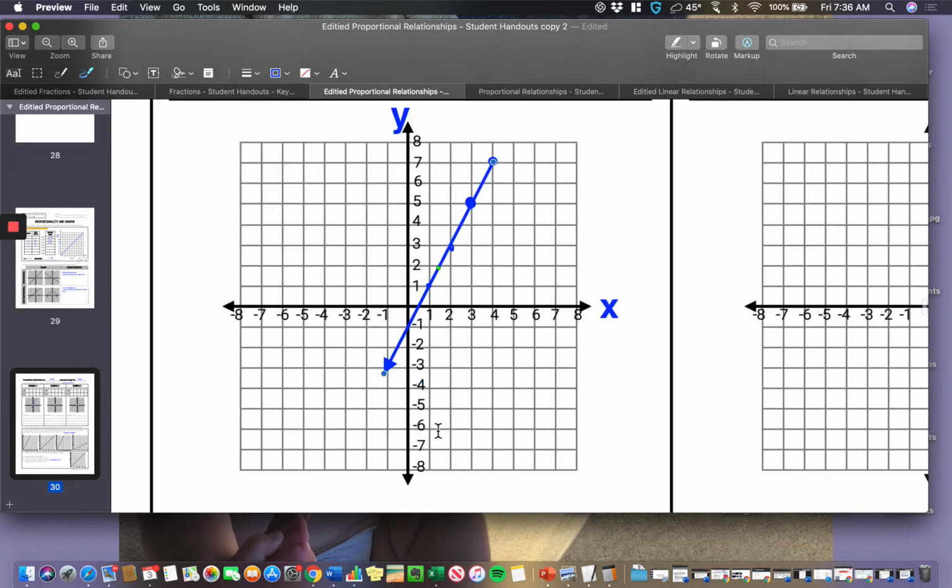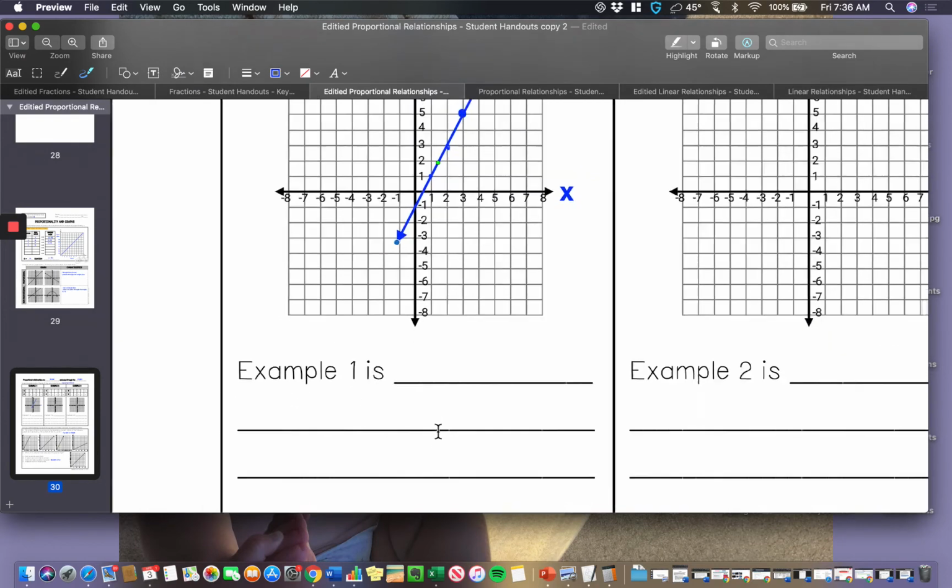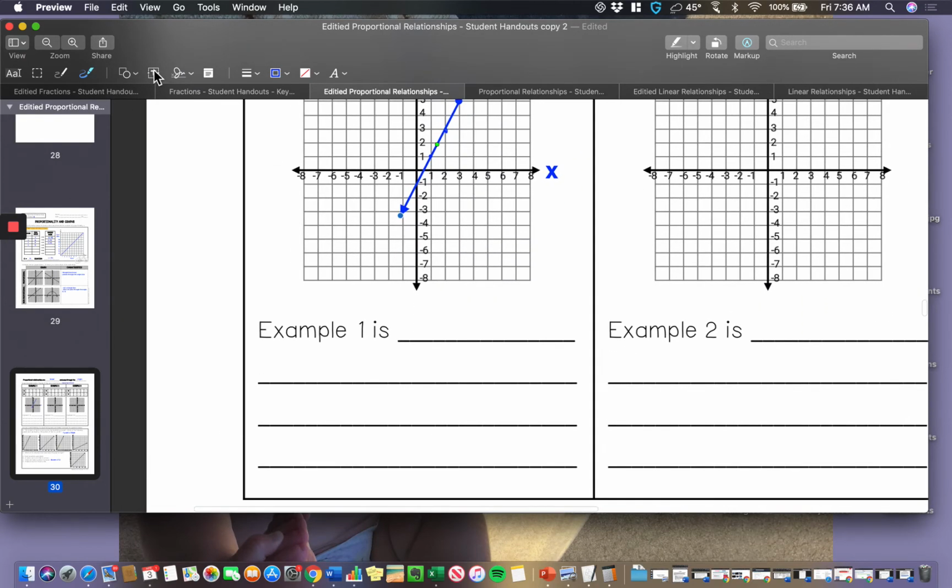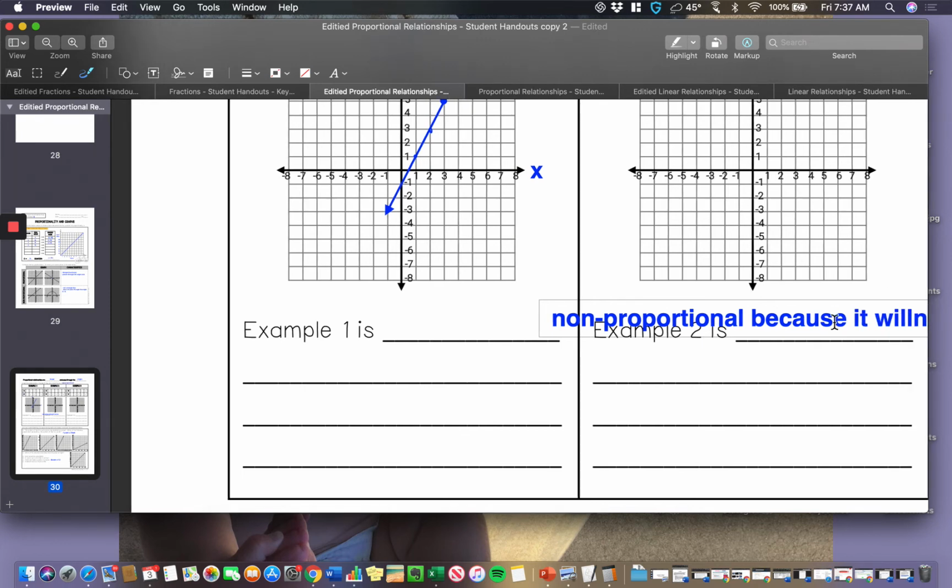So for this one right here, example 1 is not proportional, because it will not pass through the origin.